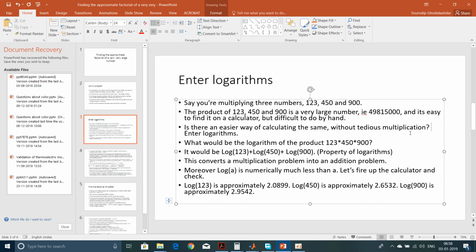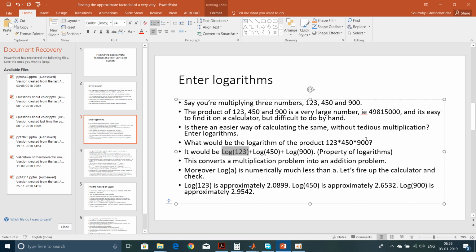So we will be using logarithms to do this. First, we calculate the logarithm of the product 123 into 450 into 900. Notice that this does not require us to calculate the product itself. This is because of a property of logarithms which allows us to separate the product into the separate logarithms of the individual numbers.